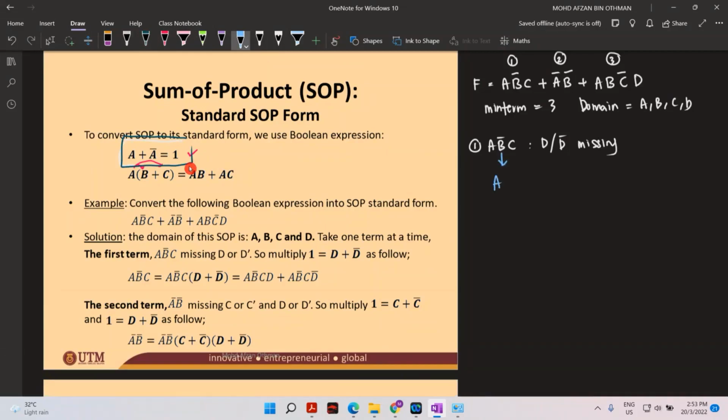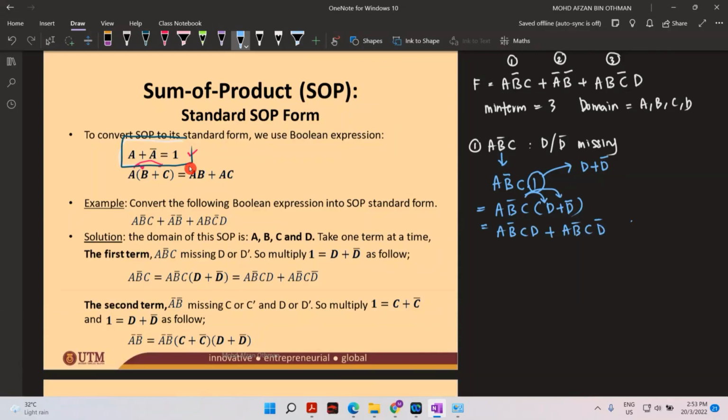Kamu juga boleh tulis A B̄ C dot dengan 1, in which 1 ni kamu ganti dengan D plus D bar. So dia akan jadi A B̄ C (D + D̄). Then after that baru kita expandkan dia. Kembangkan dia, kamu akan dapat A B̄ C D + A B̄ C D̄.